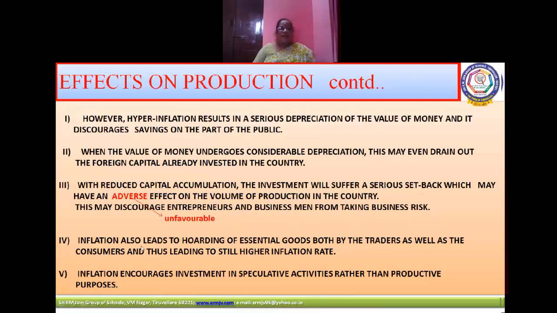Fourth one, inflation also leads to the hoarding of essential goods both by the traders as well as the consumers, and thus leading to still higher inflation rate. Number 5, inflation encourages investment in speculative activities rather than productive purposes.